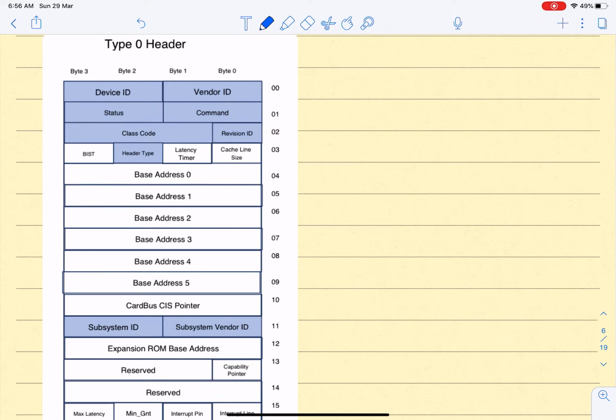We can have a separate example for this. Again, I will not explain it in that much detail. Host will write 1111 first. Host writes all ones. Read back, host reads back.